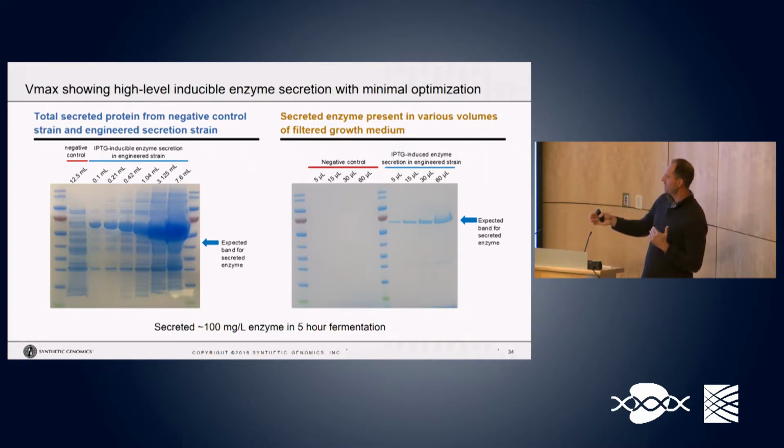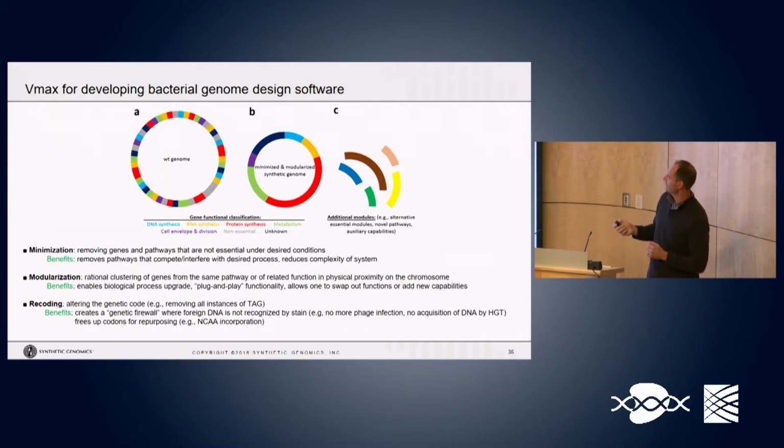So we've been able to now separate out this induction system where we can put the 11-sucrase gene under the control of the T7 system. This is a step toward getting to where we ultimately want to go, which is having Vmax be a plug-and-play system for recombinant protein secretion.